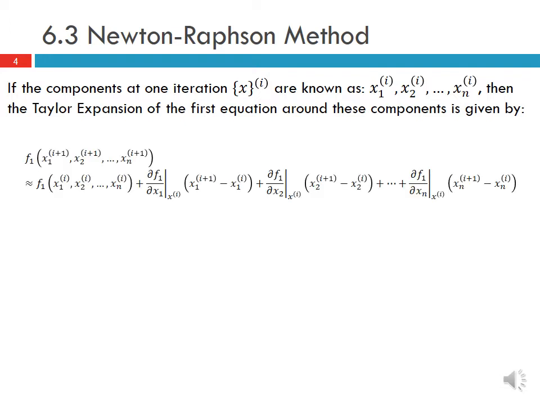So f1 of our variables x1 at i plus 1, x2 at i plus 1, up to xn at i plus 1 are equal to the value of the function f1 at x1 at i, x2 at i, and xn at i, plus the partial derivative of our function with respect to the first variable, partial f1 by partial x1, evaluated at xi, times x1 at i plus 1 minus x1 at i, plus the partial derivative of f1 with respect to x2, evaluated at xi, times x2 at i plus 1 minus x2 at i, up to the partial derivative of f1 by xn, evaluated at xi, times xn at i plus 1 minus xn at i.